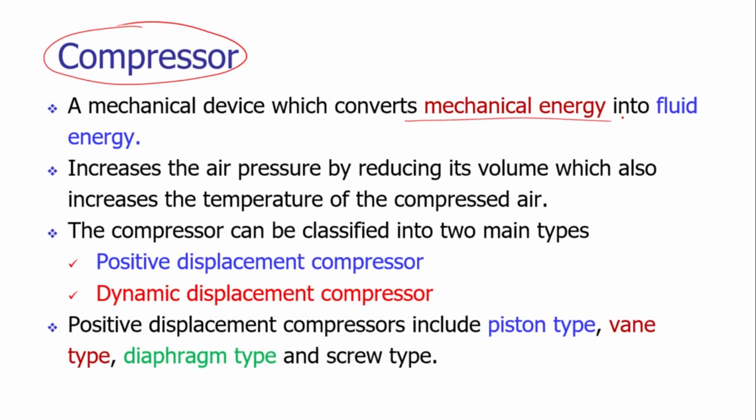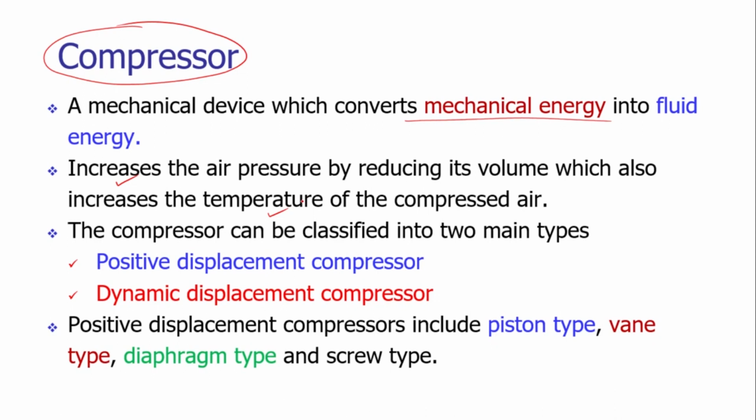So basically compressors increase the pressure by reducing the volume, and it is purely based upon Boyle's law. During the application of the pressure there is an increase in the temperature, so we need to further process that compressed air.